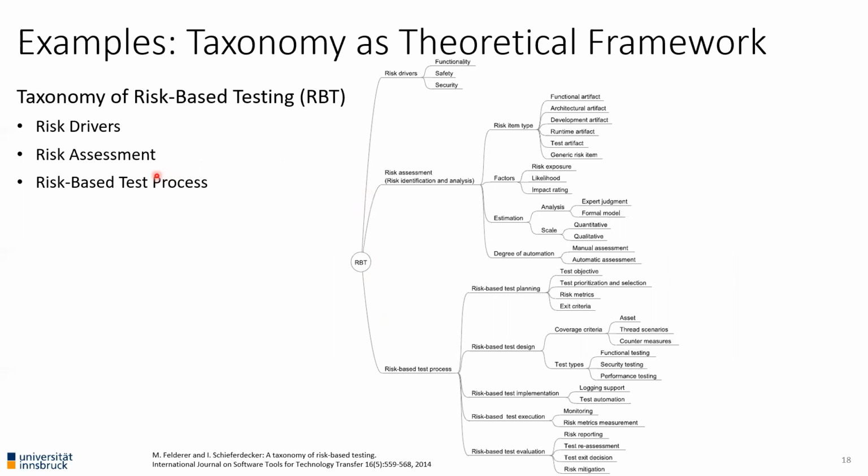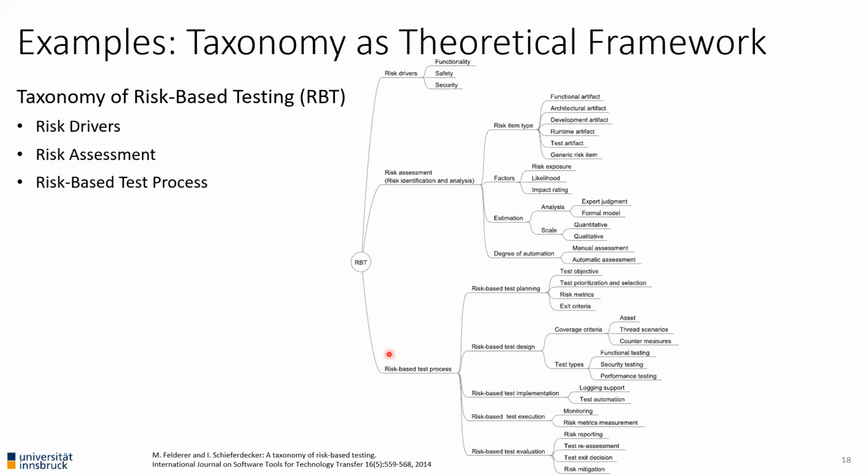We don't have to go into detail here, but it's a taxonomy of risk-based testing. It considers the drivers to do it. Then it has a branch that covers the risk assessment: how it is done, which elements are covered, and which factors are considered to estimate the risk of specific components.